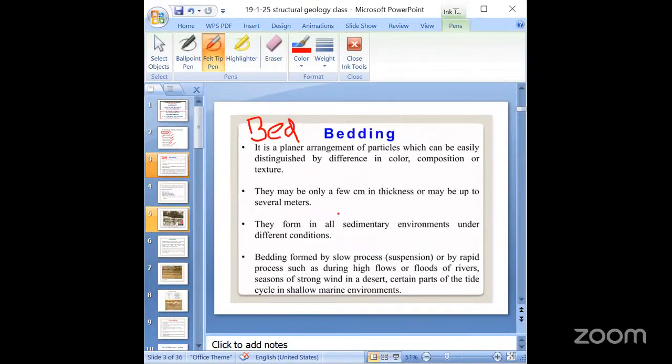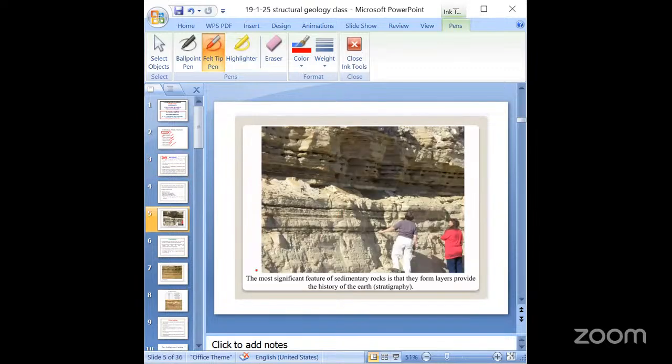They may be horizontal or inclined. These beds may be thin, of the order of a few centimeters, or maybe meters, or even many meters in thickness, right?